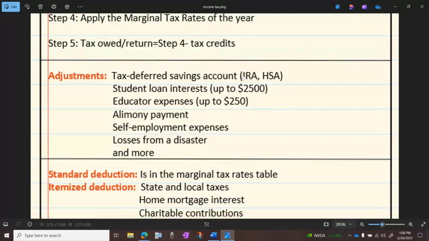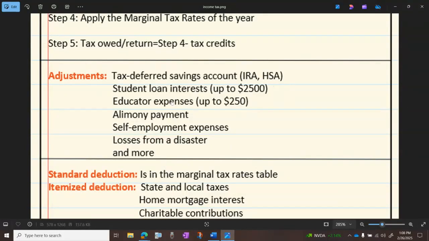Before your retirement, you make more money, so your tax bracket is higher. You're supposed to pay more tax on your income. But if you save your money in the retirement account, you do not pay income tax on the income until after you retire and withdraw the money. We assume at that time your income is lower, so your tax bracket is lower, your tax rate is lower, so you pay less tax on that.